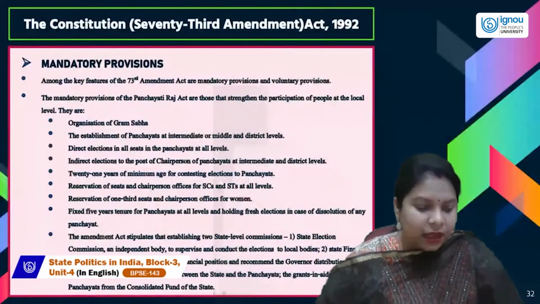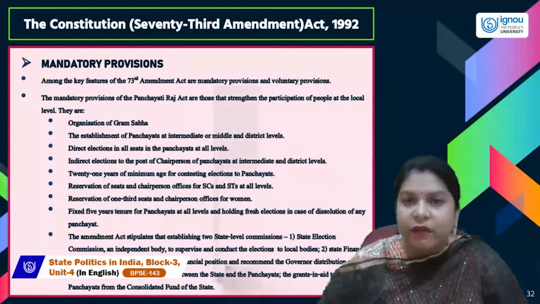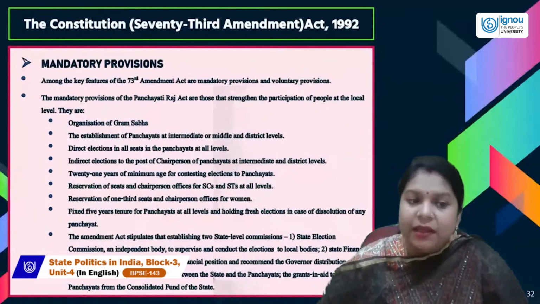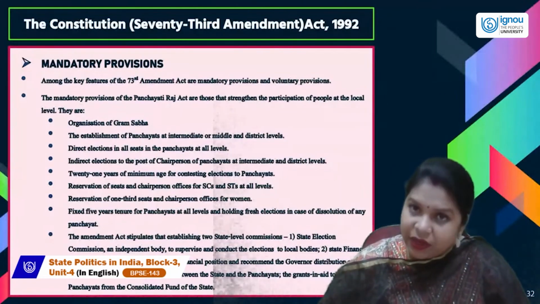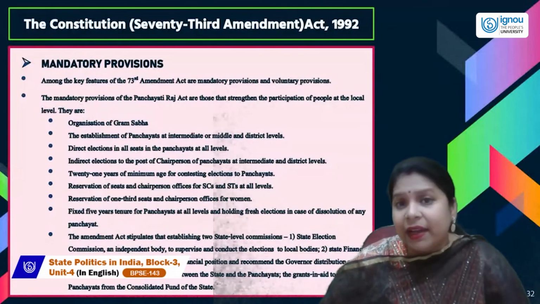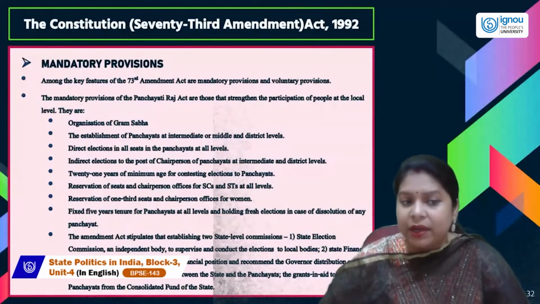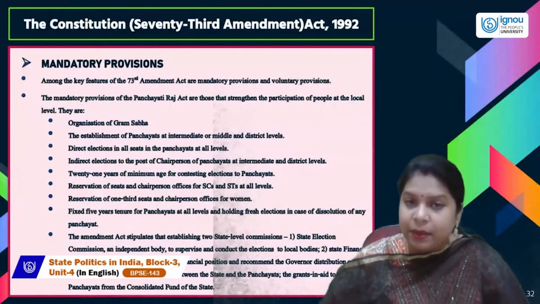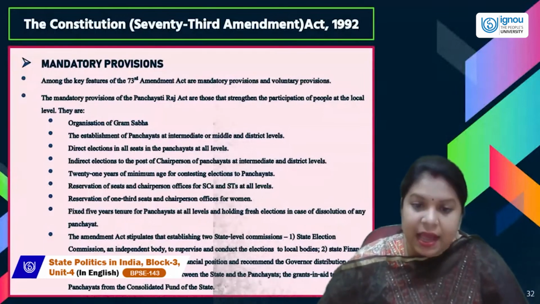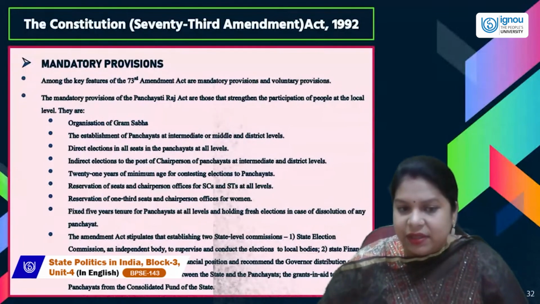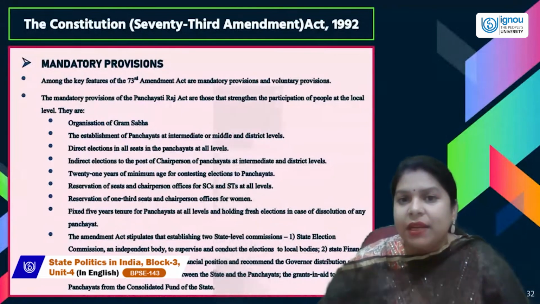So what are they? They are the organization of Gram Sabha, the establishment of panchayats at intermediate and district levels, and direct elections in all seats in the panchayat at all levels. This is very important. Also, indirect elections to the post of chairperson of panchayats at intermediate and district levels, and 21 years as the minimum age for contesting elections to panchayat.